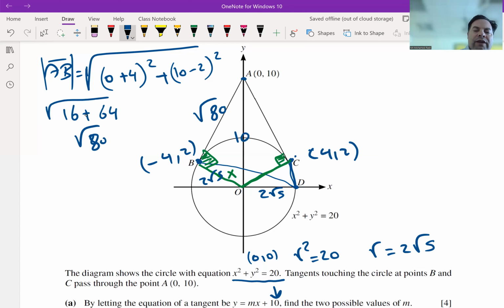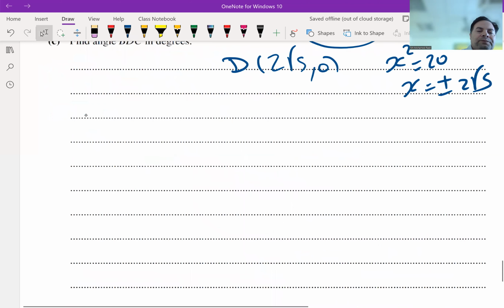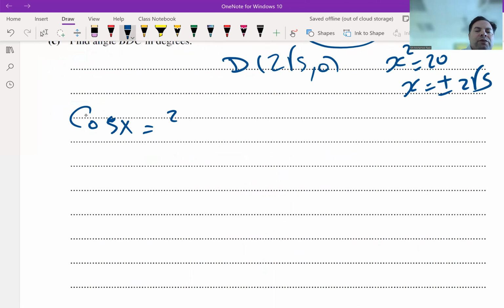So you can find the angle x by using sine, cosine, or tan. I will use cosine. Cosine x is equal to adjacent over hypotenuse, which is 2 root 5 divided by 10, so it will be root 5 divided by 5.